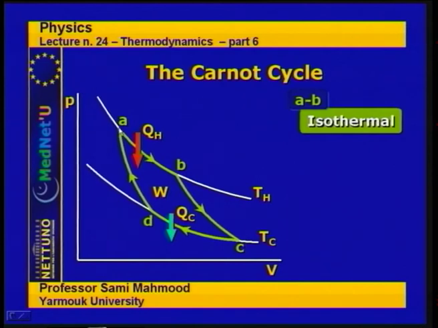In this isothermal process, the system is taken from an initial state, which is A, to a final state, which is B. In this process, the system absorbs heat Q sub H from the high temperature reservoir at T sub H.